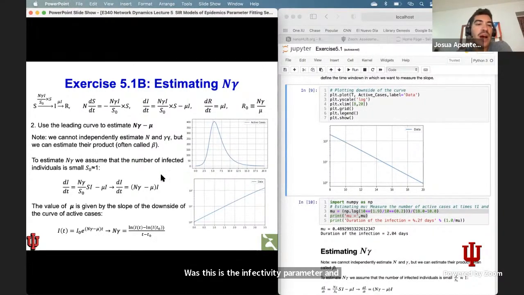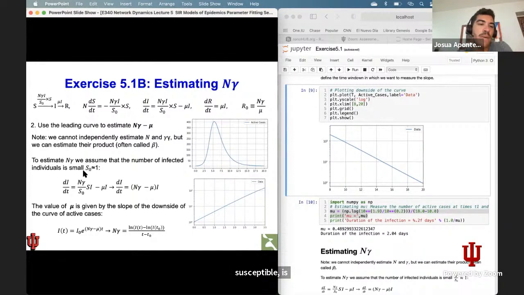And the way we do that is, again, by assuming that in the very early part of the curve, the number of infected individuals is small, such that the fraction of the total population that is still susceptible is almost 1.